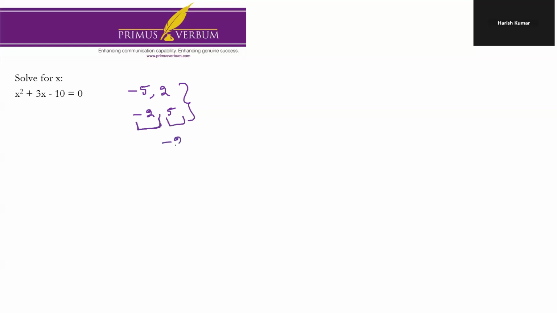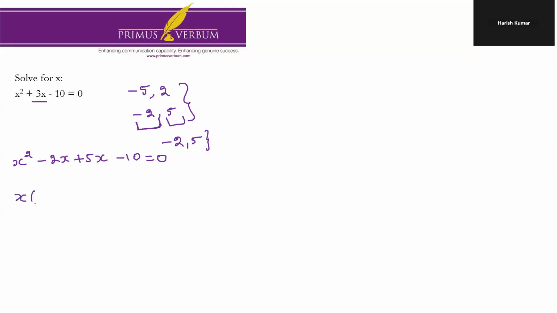So minus 2 and 5 are our numbers. So now I can rewrite the above quadratic as x square minus 2x plus 5x minus 10 equal to 0. So minus 2x plus 5x will give me plus 3x.